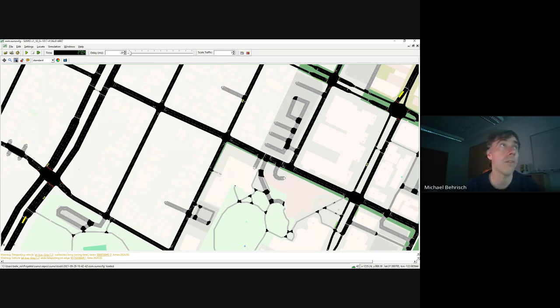Unfortunately, it's not always an annotation for the intersection, but rather a traffic light pole, which is mentioned here. So SUMO has to guess to which intersection it belongs. But most of the time it works quite well.